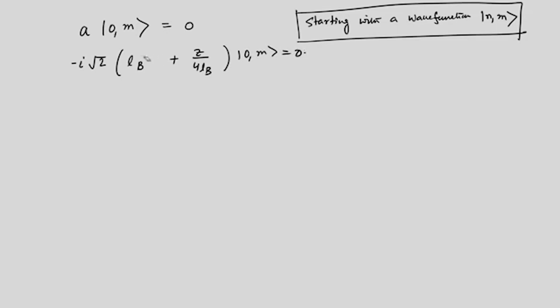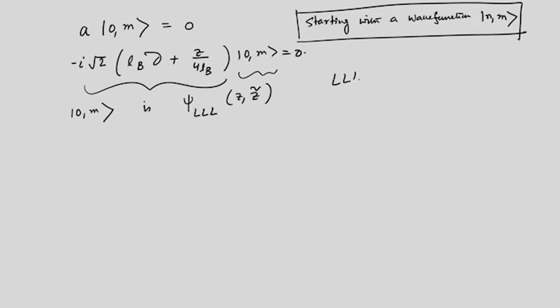This operator acting on the 0 m ket would give you 0 because the n quantum number is equal to 0, so you can't reduce it any further and so on. So if you open this up and do a little bit of calculation, this 0 m, let us call it psi LLL, is a function of z and z tilde. LLL means lowest Landau level.